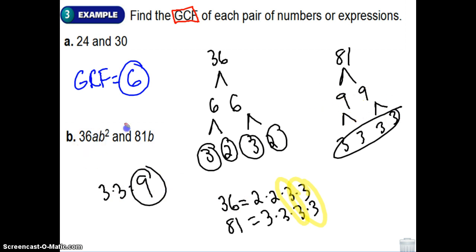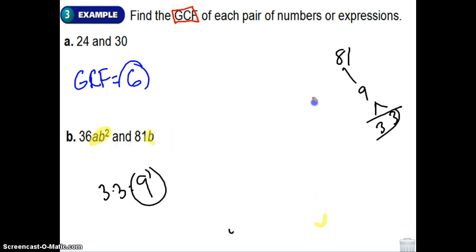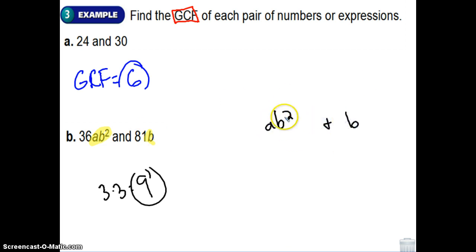But I'm going to go back here, and now we have a b squared and a b. Again, we're not going to panic. We're just going to write out a b squared and b. Now, what does b squared mean again? It means there's two b's, so it's basically a times b times b.